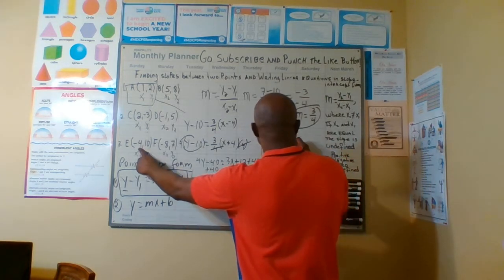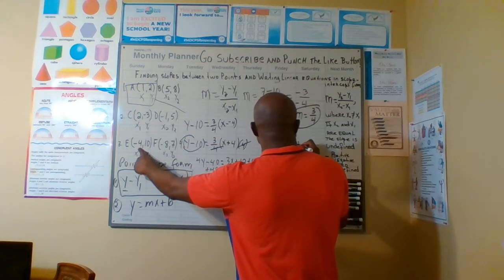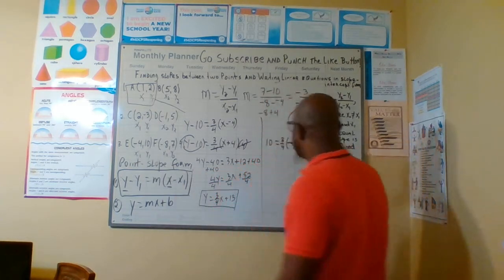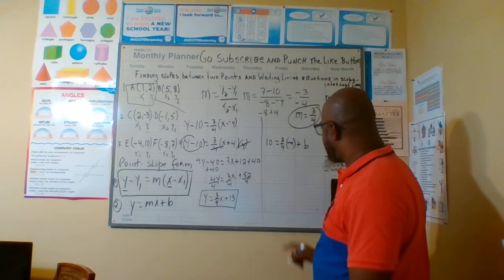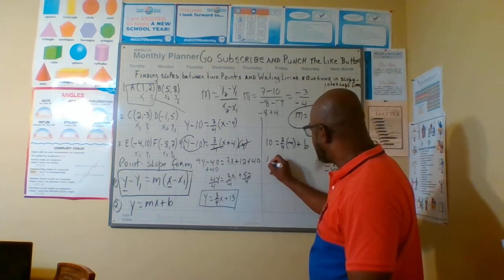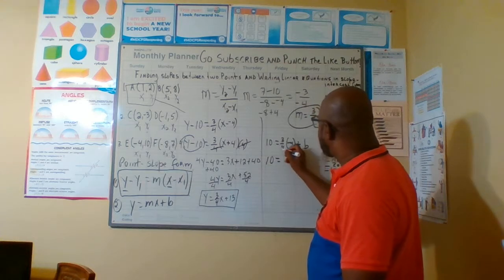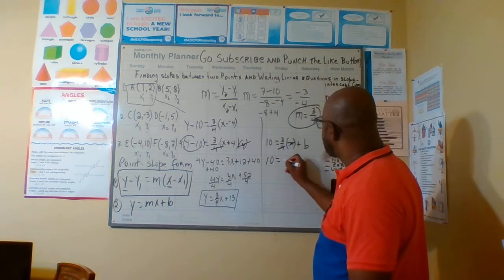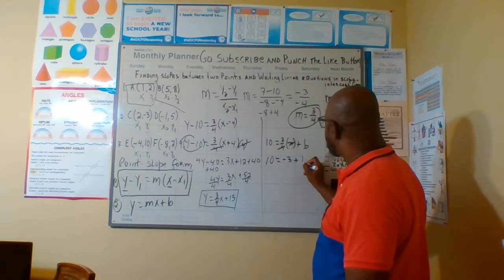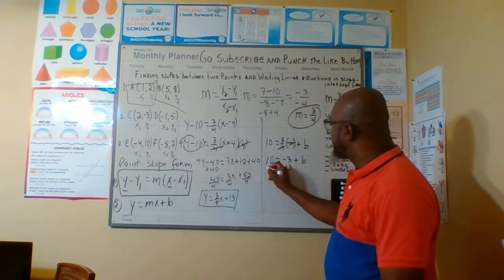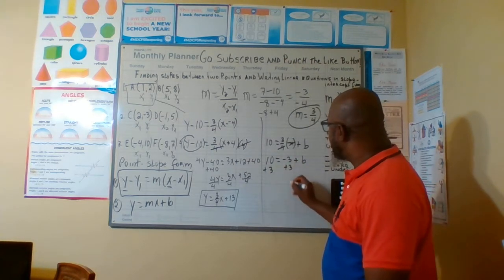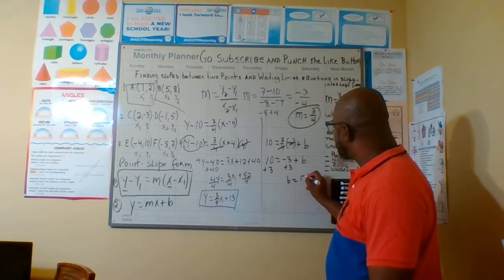X1 is negative 4 and plus b. Alright, in this case, I don't need to multiply everything by 4 because you have this. If I take this multiplied by this, that will give me negative 3 plus b. Now I can get b easily. Add 3 and add 3. In this case, b is 13.